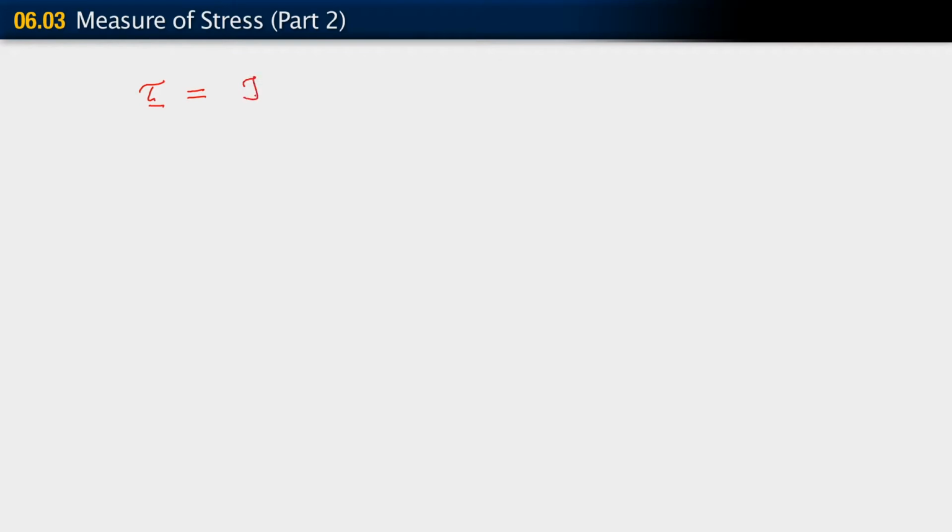J sigma. Now J is final volume over reference volume. Then we have F over pi little r square, E1 tensor E1, because this is sigma.